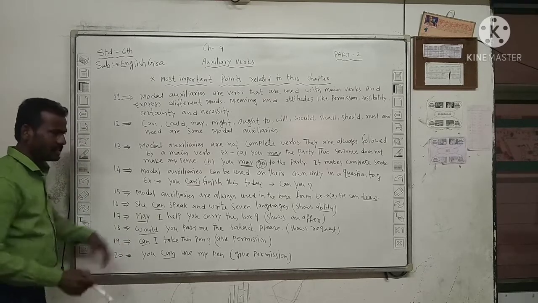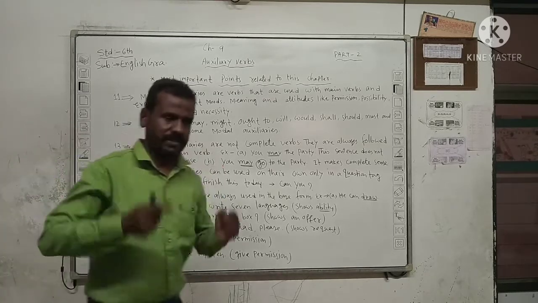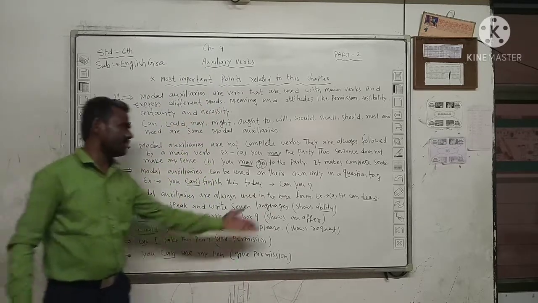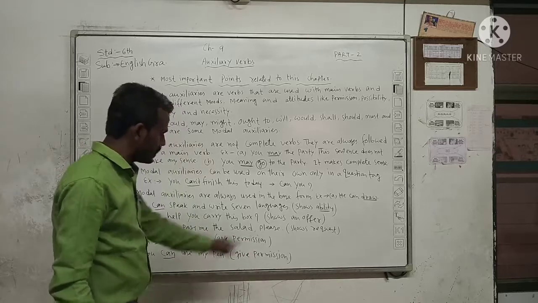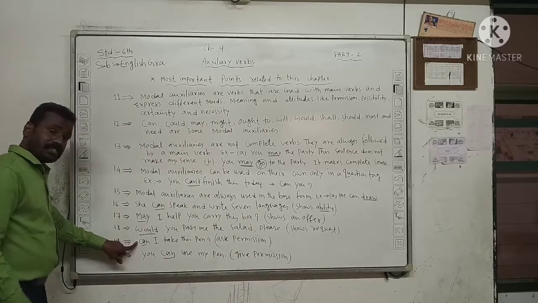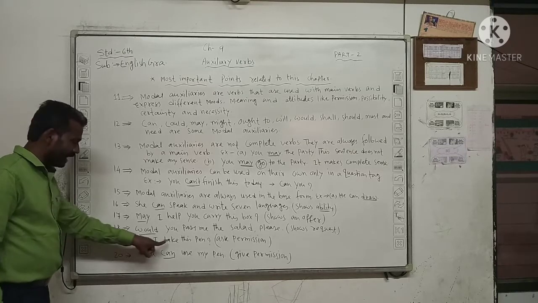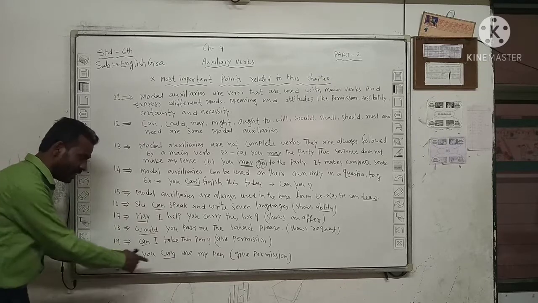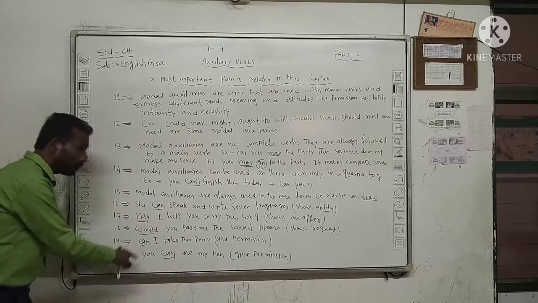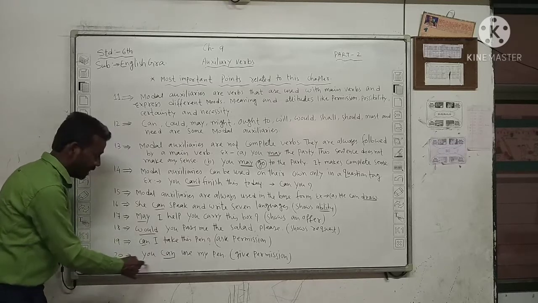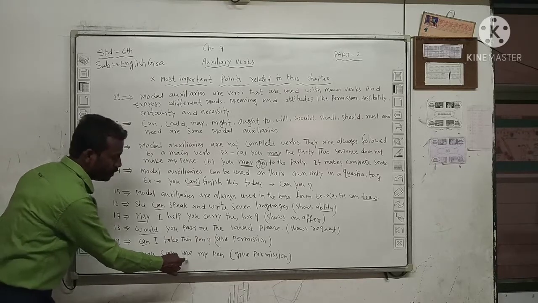Follow here, 19 and 20. What is the difference? Students, you may ask: sir, in 19 you said asking permission, but 20 is giving permission. Why? Because in 19 I started the sentence with can. Can I take this pen? Asking permission. But the same modal verb in 20, you can, is used after the subject: you can use my pen.